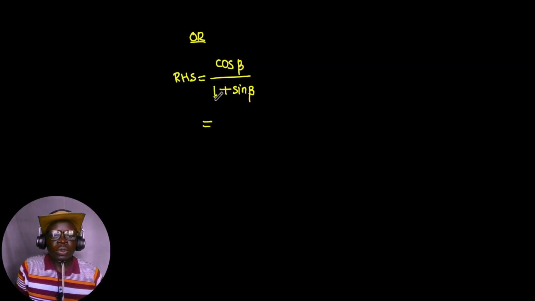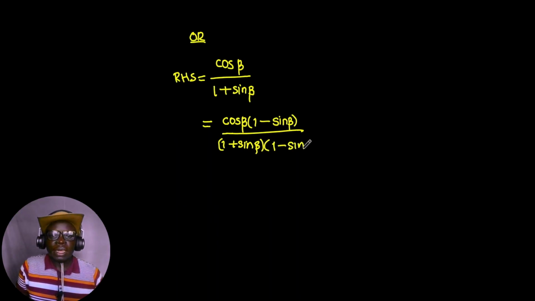What we can do is to rationalize this, and we get the conjugate of the denominator here. From the numerator, we have cos beta, and this multiplies the conjugate of the denominator, which is 1 minus sine beta, and we close that up. Then we divide this by 1 plus sine beta, and we multiply also by 1 minus sine beta.